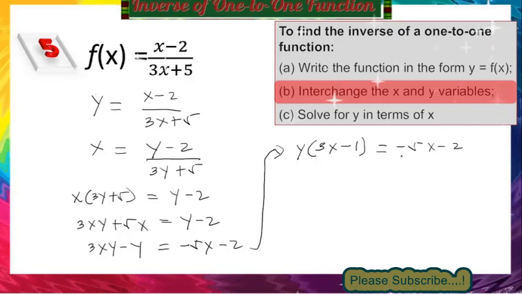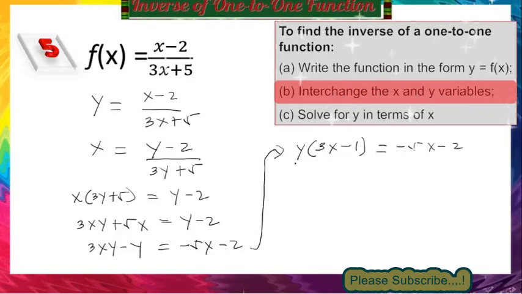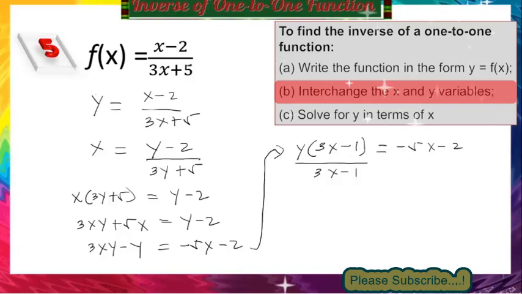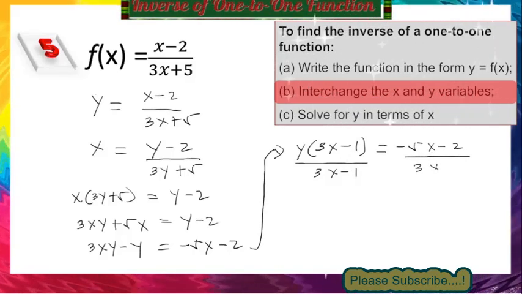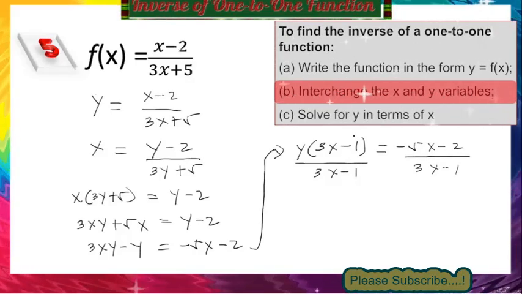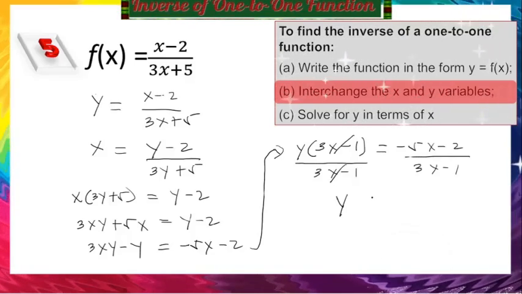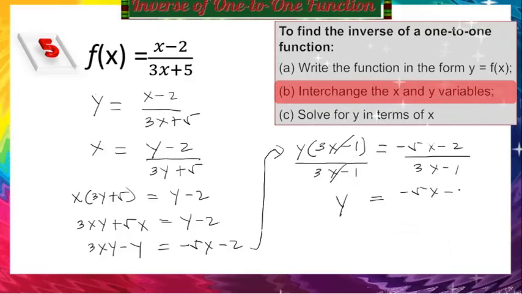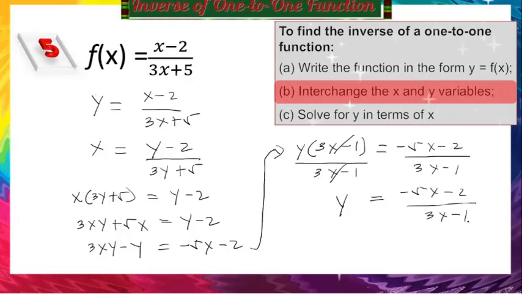We have to divide both sides by 3x minus 1 to eliminate this one. Okay, 3x minus 1, so this will be cancelled out. The remaining is y. So y is equal to negative 5x minus 2 all over 3x minus 1.